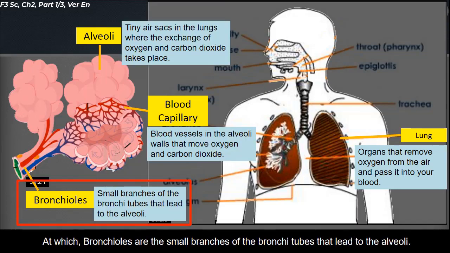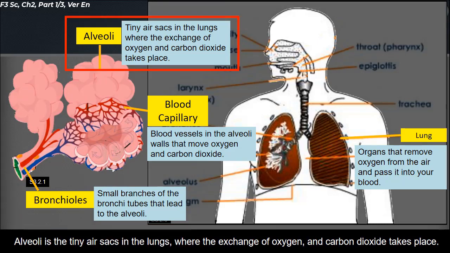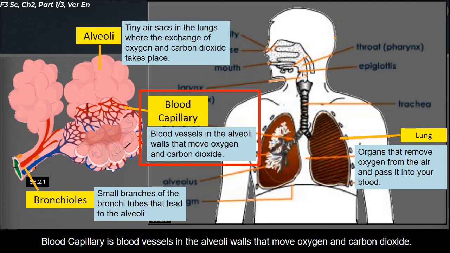Bronchioles are the small branches of the bronchi tubes that lead to the alveoli. Alveoli are the tiny air sacs in the lungs, where the exchange of oxygen and carbon dioxide takes place. Blood capillary is blood vessels in the alveoli walls that move oxygen and carbon dioxide.